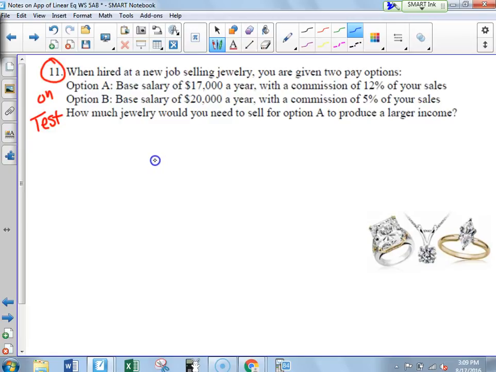When hired at a new job selling jewelry, you're given 2 pay options. Option A, you would earn what? Plus, nope, you get a commission. That's plus 0.12 times S or X, whatever.